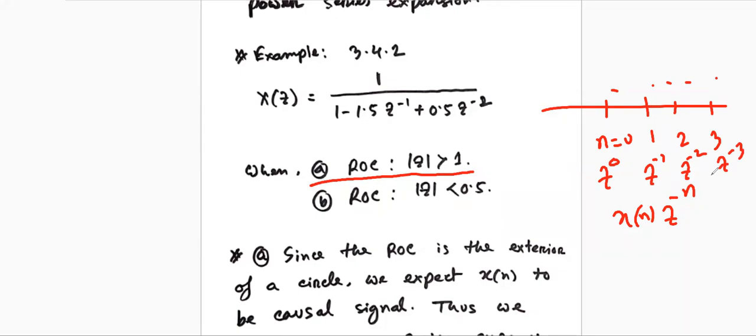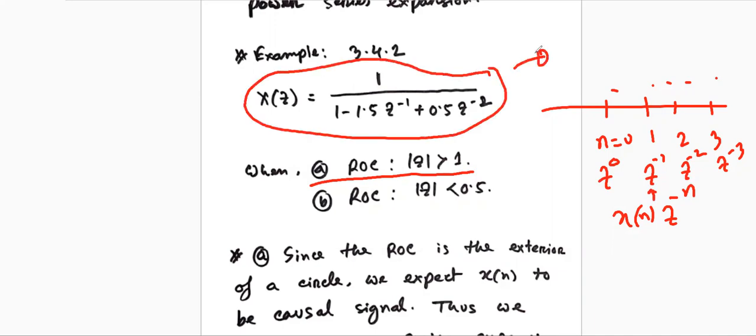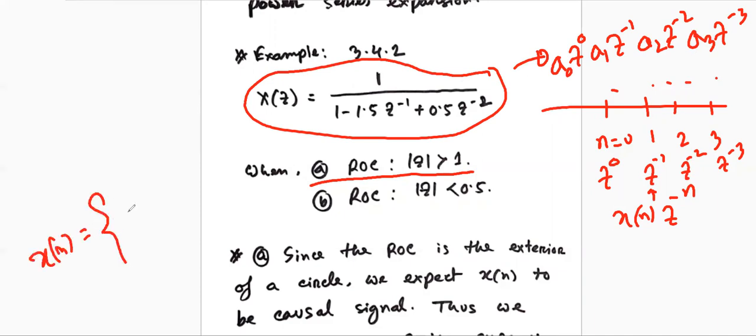So that sort of power of z we are looking for, because we want to move to the time domain. If we can find this kind of power, this expression can be expressed with a combination of z to the power 0, z to the power minus 1, z to the power minus 2, z to the power minus 3, with some constant coefficients a0, a1, a2, a3. Then x[n] equals a0, a1, a2, and so on, where a0 is at the 0th location, this is at n equals 1, and n equals 2.